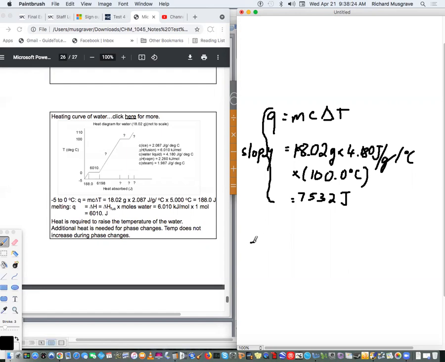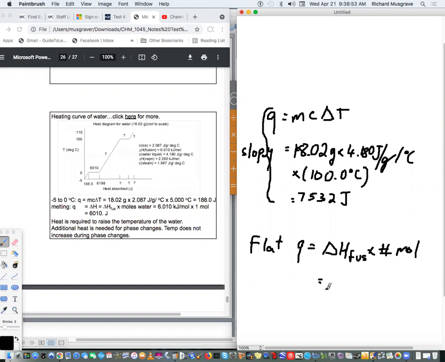And now on the flat bits, Q is equal to, in the case of the solid here going to liquid, the delta H of fusion multiplied by the number of moles. Now if you look at the unit here, the unit is 6.010 kilojoules per mole.